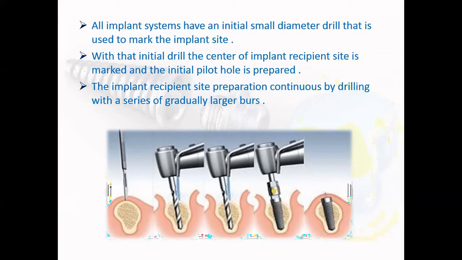The recipient site preparation continues by drilling with a series of gradually larger burs. Once we attain the desired diameter suitable for the bone, the implant sizes are pre-evaluated and the implants are placed inside the bone.